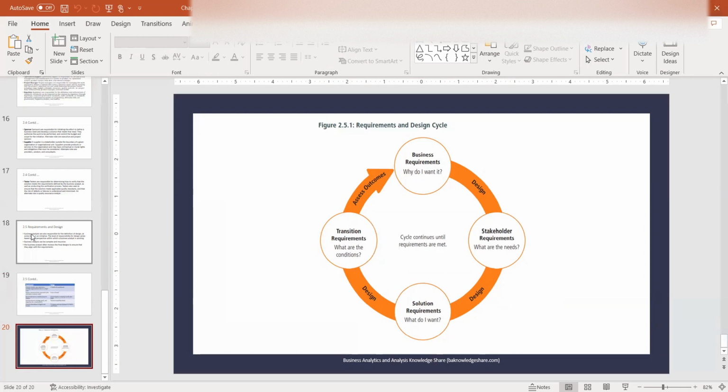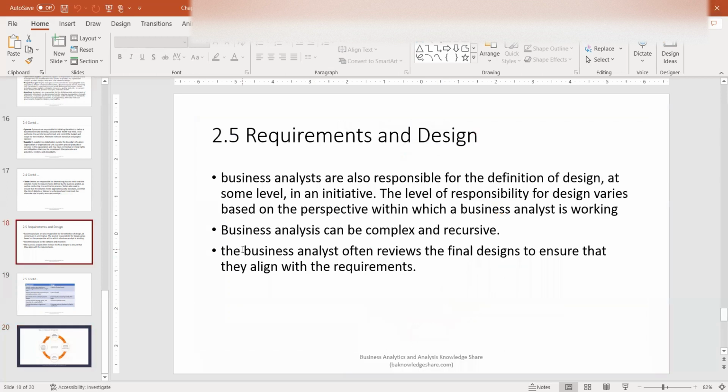So within the context of the BABOK, they're saying that the business analysts are responsible for the definition of design at some level in an initiative. The level of responsibility for design varies based on the perspective within which a business analyst is working. So you participate in the design and you have a say and you review the design.